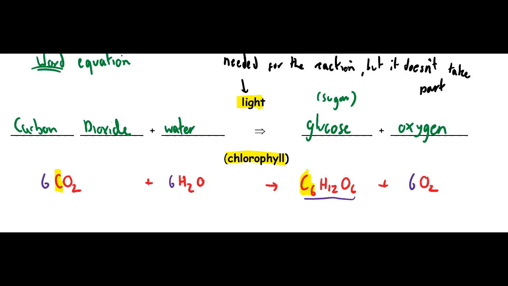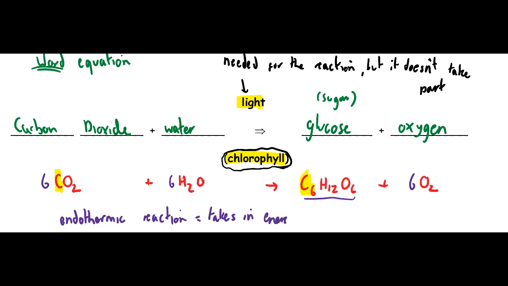The reason it's good that the chlorophyll doesn't take part is because it can be used over and over again, and it can constantly be used to produce glucose as long as there is a good supply of carbon dioxide and water. Now, as well as that, photosynthesis is also an endothermic reaction, which means that it takes in energy, and the energy it takes in is in the form of light energy.